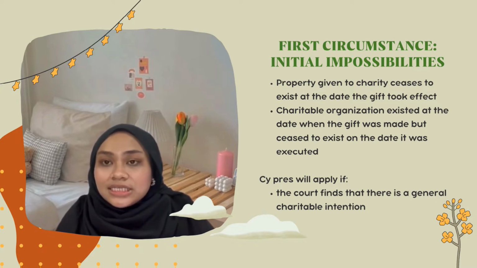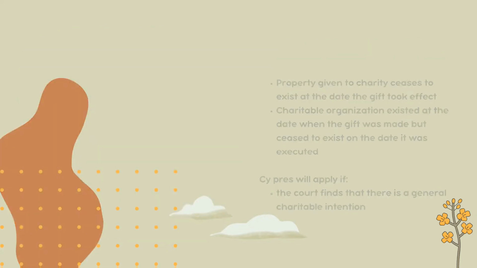If these initial impossibilities occurred, the court may apply the doctrine of Cyprus. However, this doctrine will only be applicable if the court finds that there is a general charitable intention.